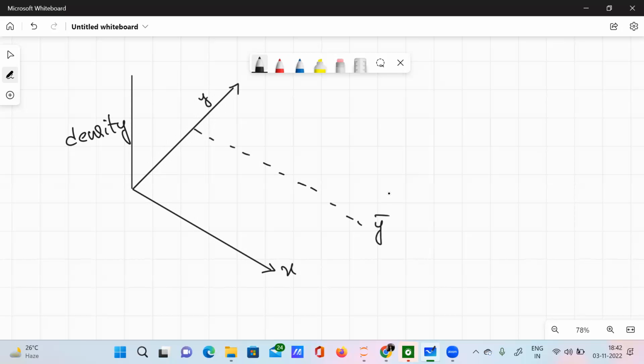And what would be the mean of x here? This particular line would be the mean of x, that is x bar. So when I plot that earlier plot in a three-dimensional format, what would be the imaginary graph?